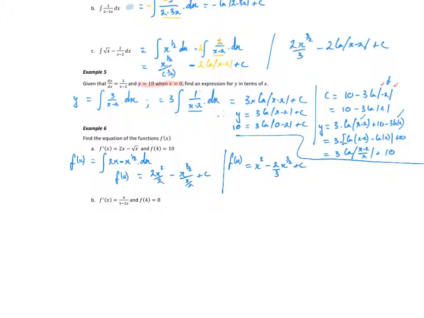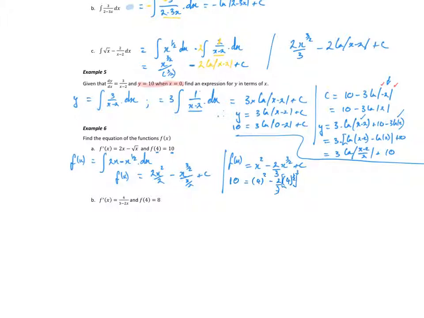So what initial condition have we got? At x equal to 4, y is equal to 10, or f of x is 10. So I get 10 is equal to 4 squared minus 2/3 of 4, if you like, to the power of a half, all cubed.